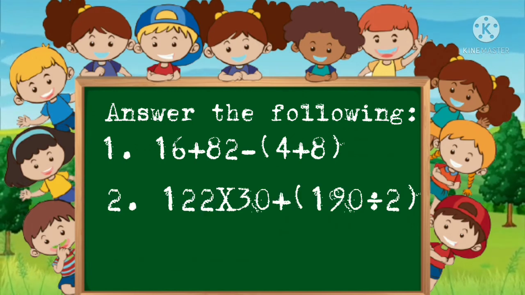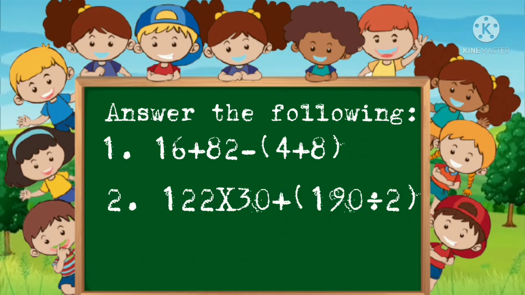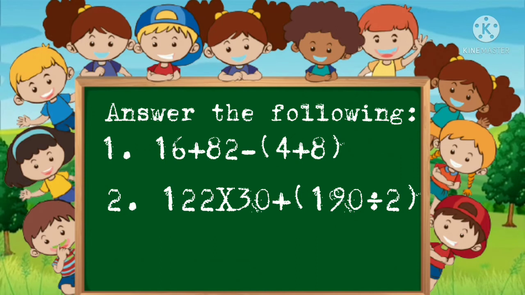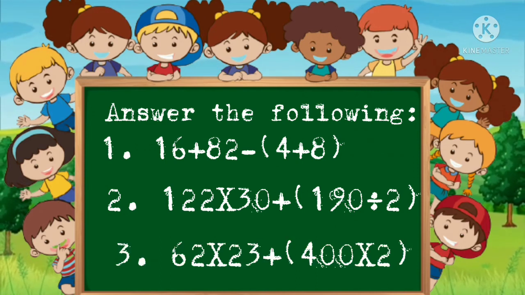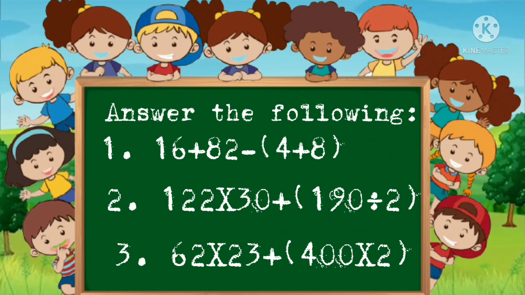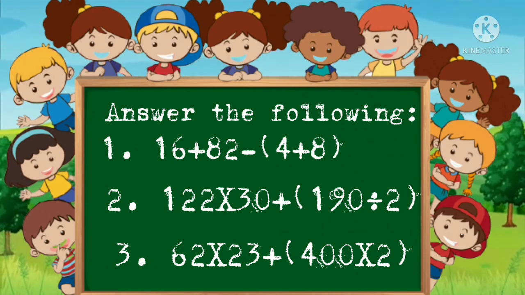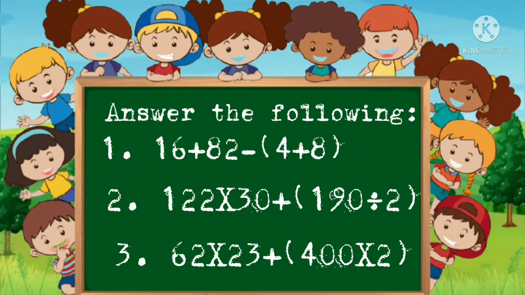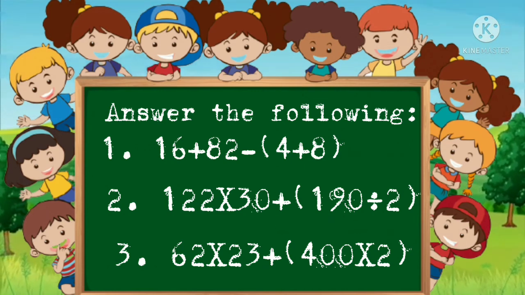Number 2. 122 times 30 plus open parenthesis 190 divided by 2 and close parenthesis. Number 3. 62 times 23 plus open parenthesis 400 times 2 and close parenthesis. Well, children, I will just give you 3 minutes to answer these. Your time starts now.